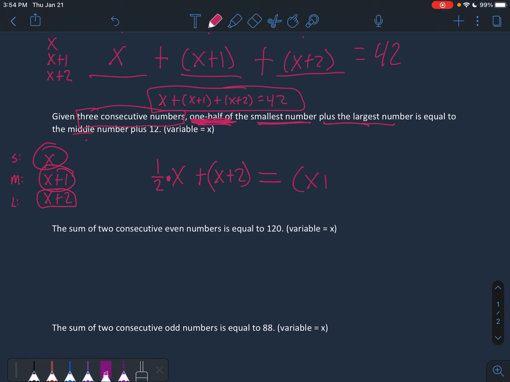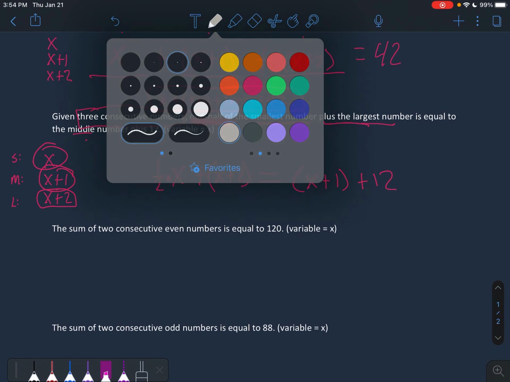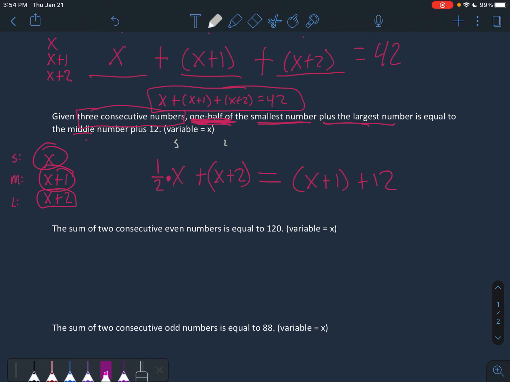So now our x plus 1 is our middle number, plus 12. So if we go back and look at this, this is our smallest number, this is our largest number, and this is our middle number. And 1/2 of the smallest plus the largest is what's going on this side, is equal to the middle plus 12.